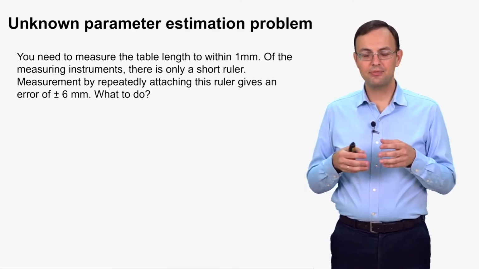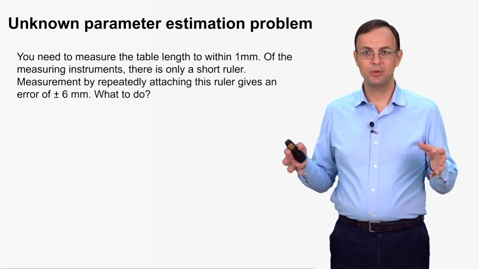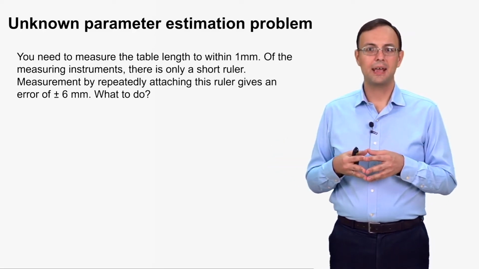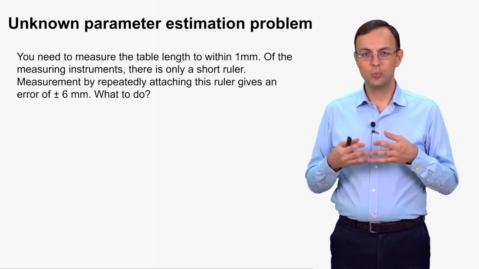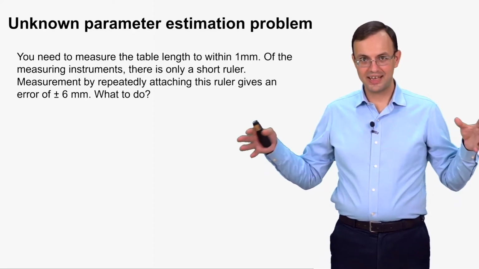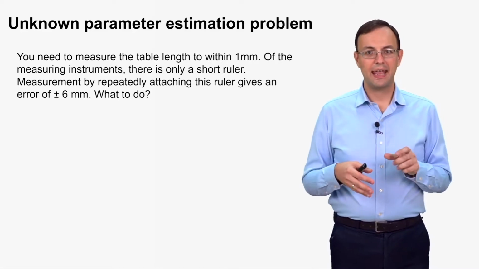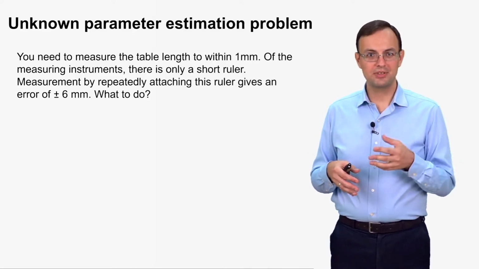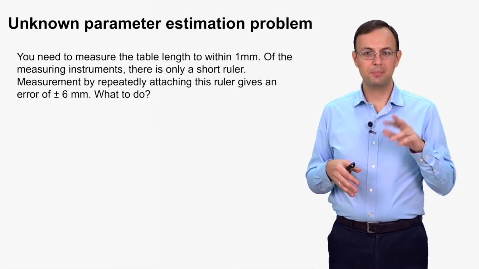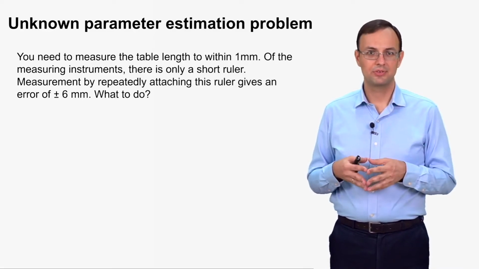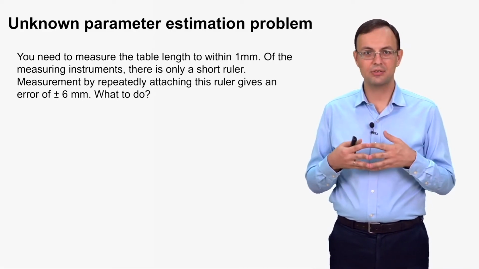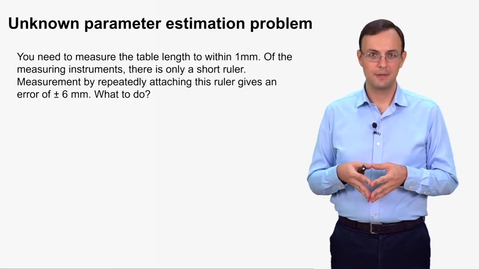But you don't have a measuring tape. You have only a short ruler. And so the only way to measure this length is to attach this ruler several times, and this kind of measurement gives you an error of plus minus 6 millimeters. So this is not accurate enough for you.